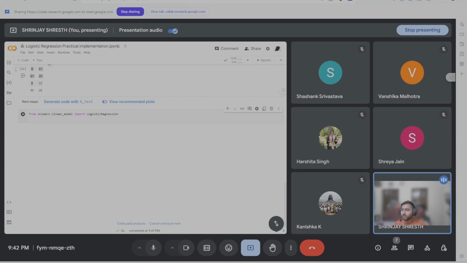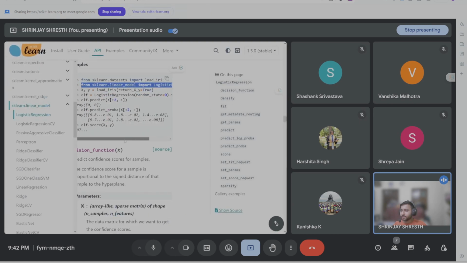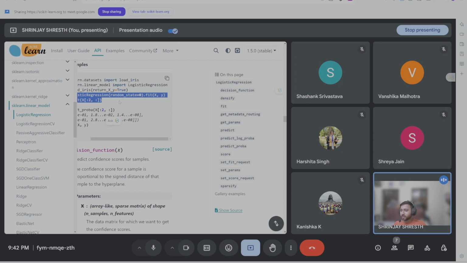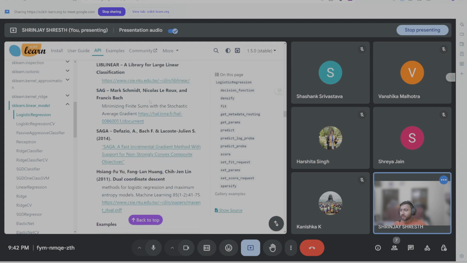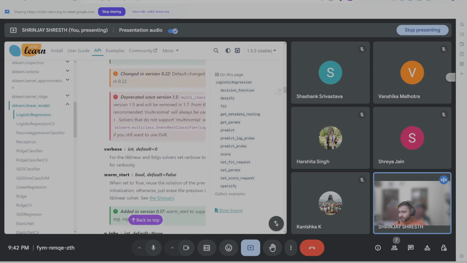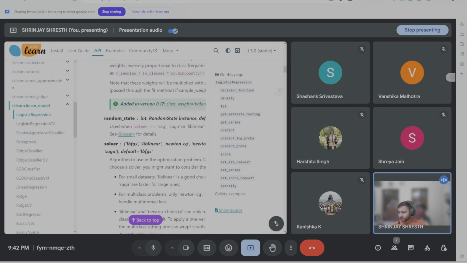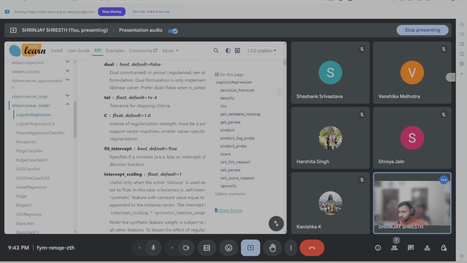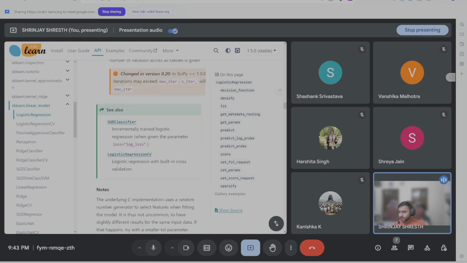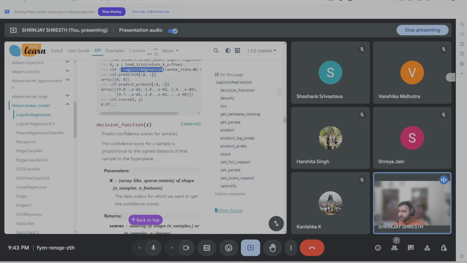Now what is remaining? There is this function, LogisticRegression. We'll use that function straight away.